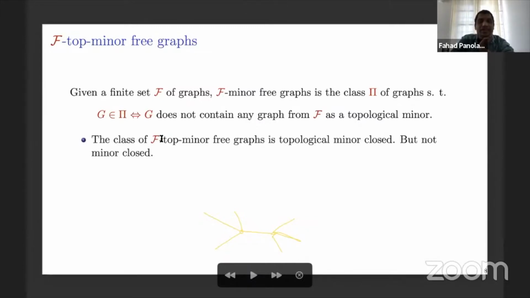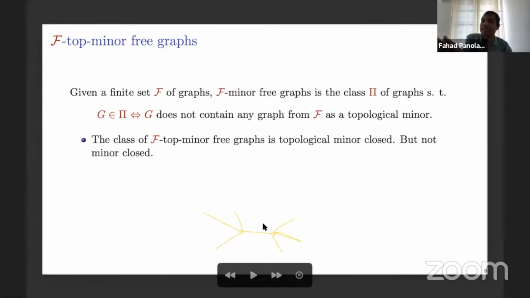Now, the class of F topological minor free graphs is topological minor closed in the sense that you pick a graph in it and take a topological minor of a graph in that class, it should also be in that class, because if you're able to find something for a topological minor, you should be able to find it in the original graph. But it is not minor closed, and the reason is the figure we have seen.